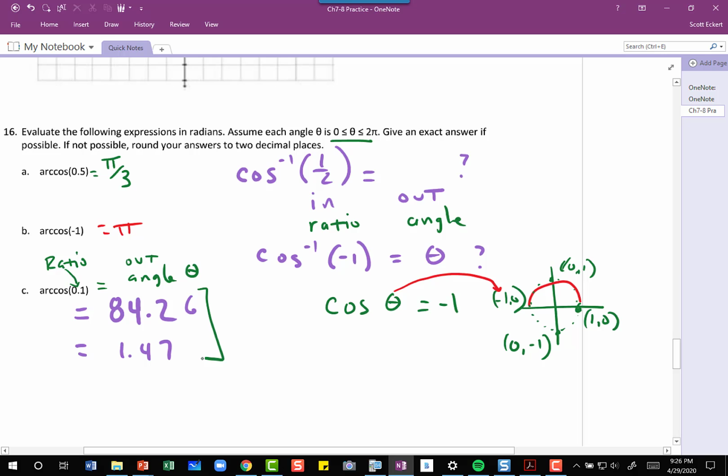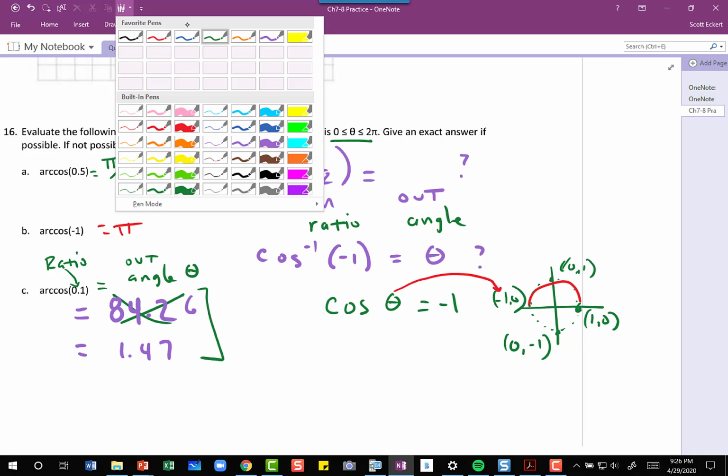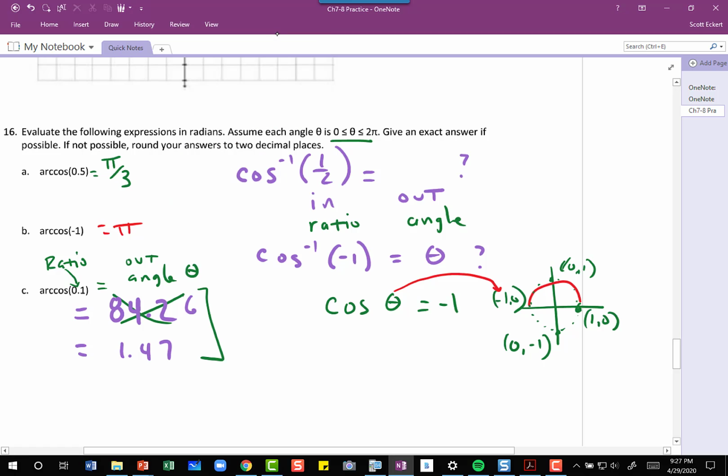So one of these two is the correct angle, and one of them is an incorrect angle. And it's incorrect because of the context. The context said it had to be in radians, so you got to be paying attention to that angle. And your mode in the calculator has to be right, so this one turns out to be incorrect. And the radian angle is the 1.47 radians.